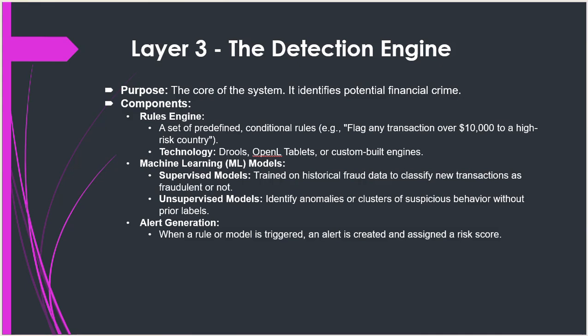Models are trained on historical fraud data to classify whether a new transaction is fraudulent or not. Unsupervised learning techniques identify anomalies and clusters of suspicious behavior without prior labels on the data.